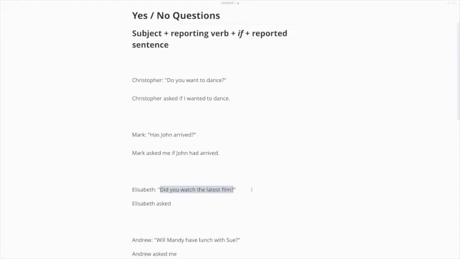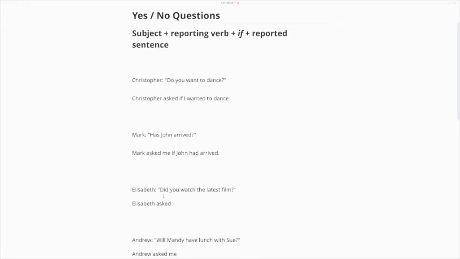So remember, we are going to use now the past perfect, because we use it to say when something happens before another event in the past. So whenever we have simple past and we want to talk about something before that, we're going to use past perfect. So instead of did, it's going to be the past perfect, which is had.